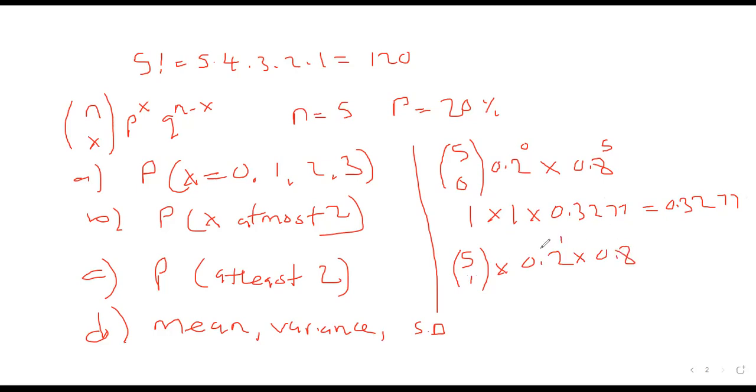So 1 comes here. The difference, 5 minus 1, is 4. Are they adding up to 5? Yes. Number combination 1 is that number. Number to the power 1 is that number. So what is 0.8 to the power 4? 0.4096.